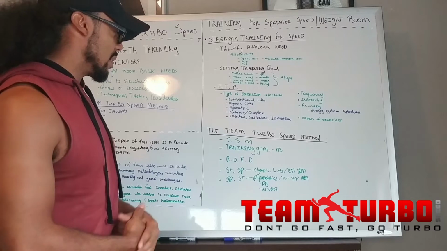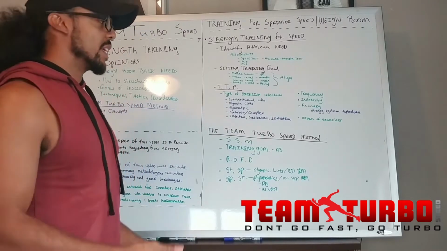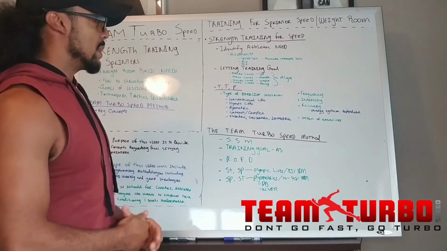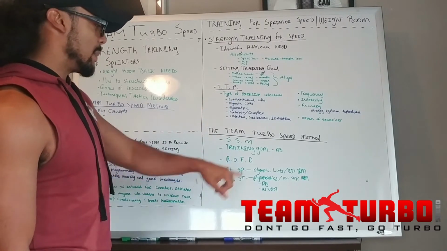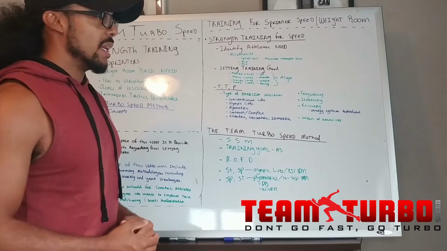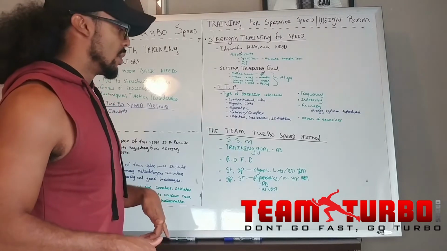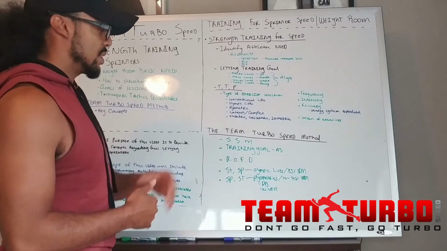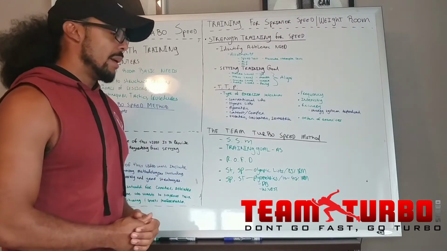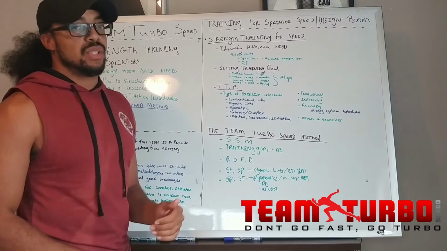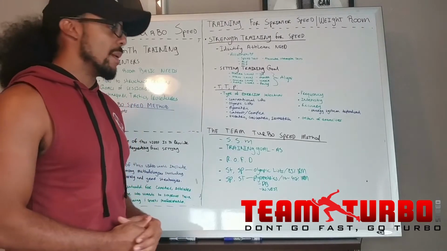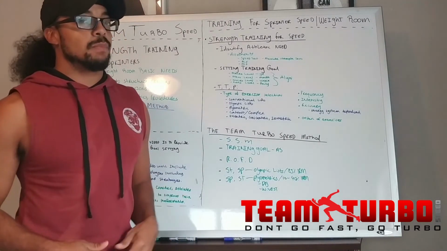The last two things here we want to talk about and we target in our Team Turbo Speed methodology in the weight room is strength speed, okay? Strength speed is your body's ability to move heavy loads as fast as possible. So you accomplish this through Olympic lifts, anywhere from about 70% to 87% of your 1 rep max, doing Olympic lifts as fast as possible.